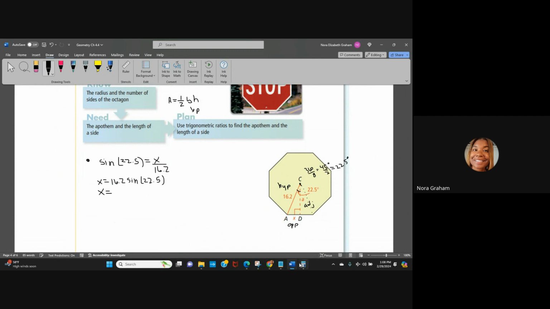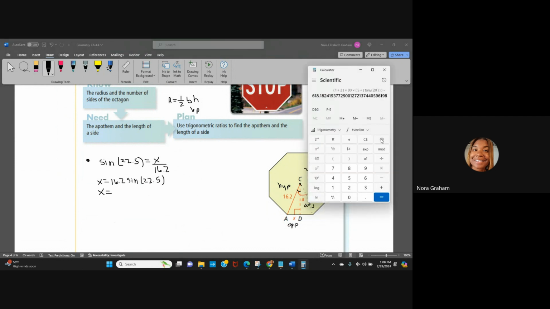So if I do this in my calculator, I'm going to have 16.2 times sine 22.5. All right, so that's going to get me 6 point. And when I'm not using all of it and I try to round, I try not to round until the end.